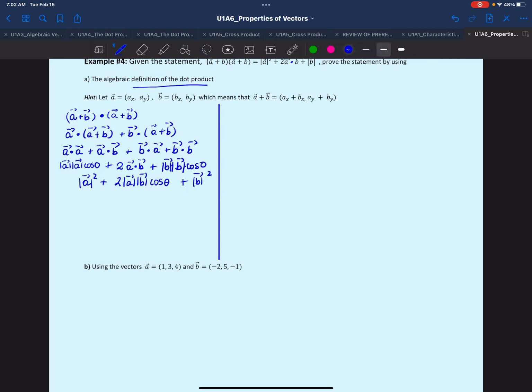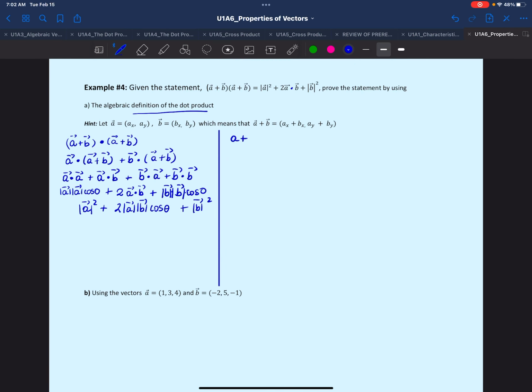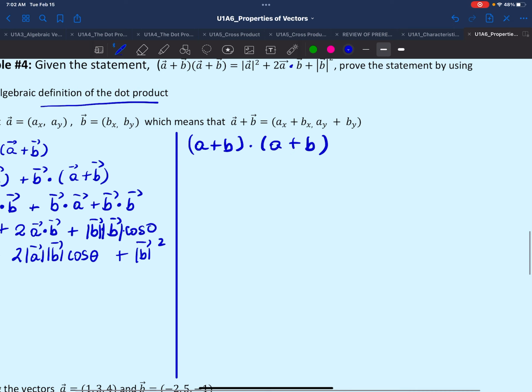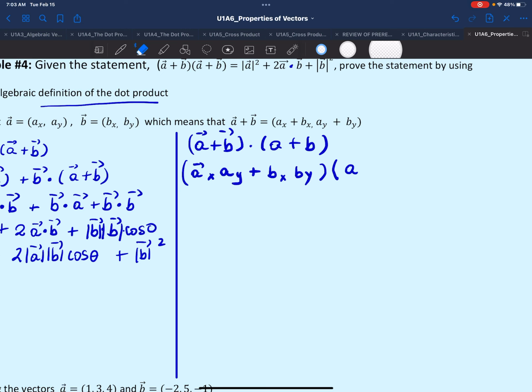So what we are dotting here is A plus B and A plus B. So A would be AX, AY, plus B, which is BX, BY, and that will multiply again AX, AY.